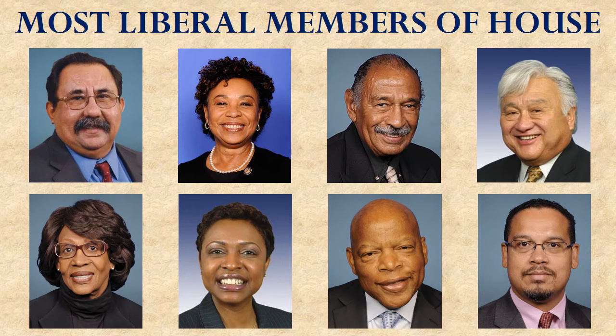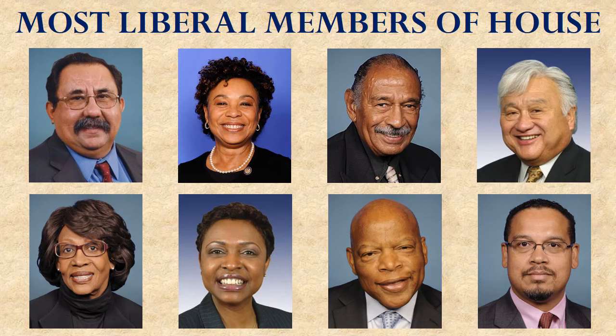An illustration of the effect of this is this set of pictures here on this slide. The most liberal members of Congress are dominated by people from racial minority groups who are elected from majority-minority districts. On the slide of 8 of the most liberal members of the House of Representatives, we've got 6 African Americans, 1 Hispanic American, and 1 Asian American.